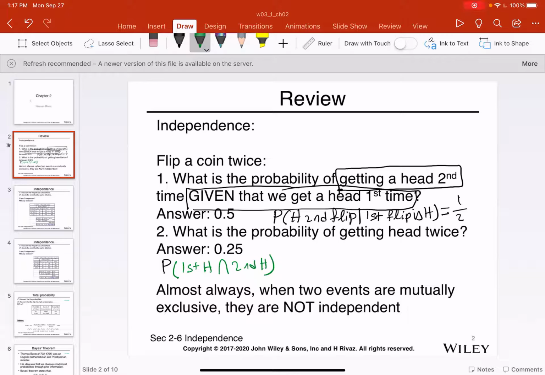And again, these two events are independent from each other. So this is going to be the probability of first head times the probability of second head, right? And I told you always use this equation with caution, because this is correct because they are independent. Otherwise, this equation is not correct, right? And that's 1 divided by 4.